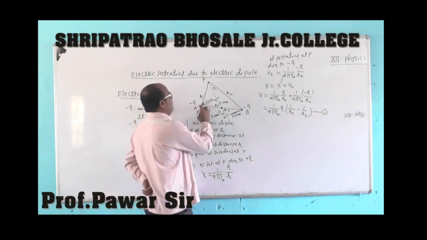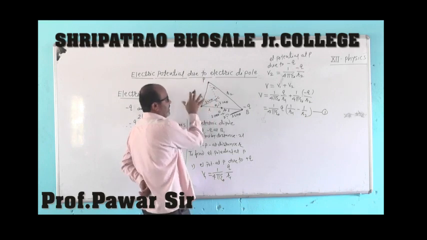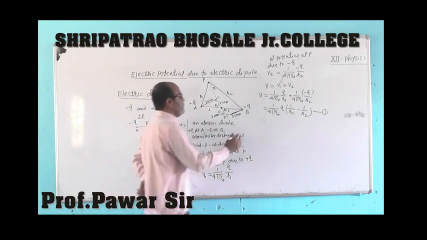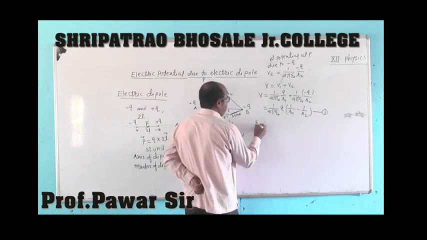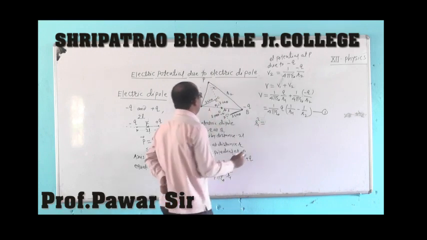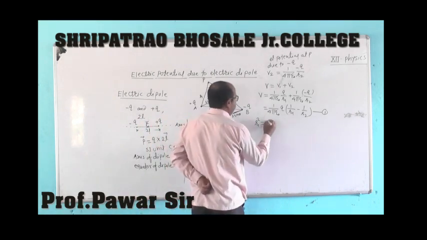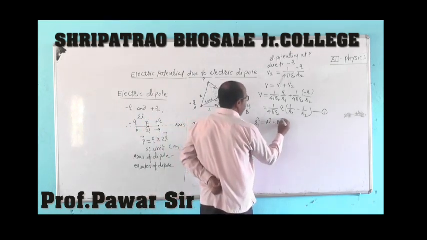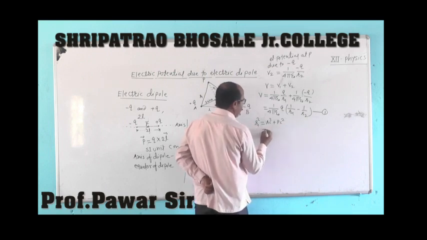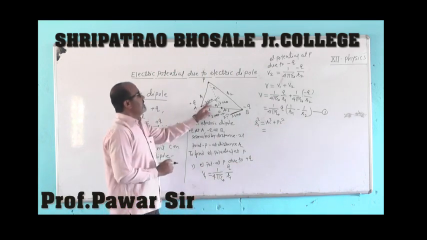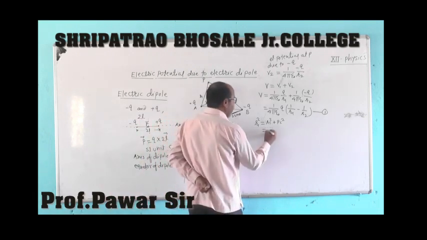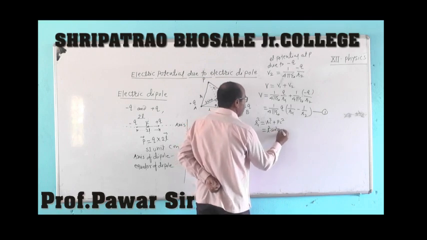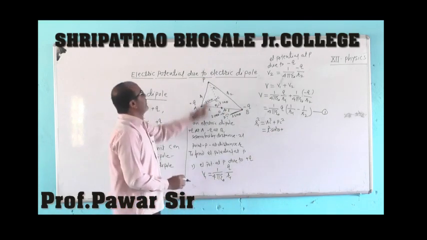So using Pythagoras theorem, we can write R1 square equal to AC square plus PC square. AC is L sin theta, so we can write L square sin square theta plus this PC.